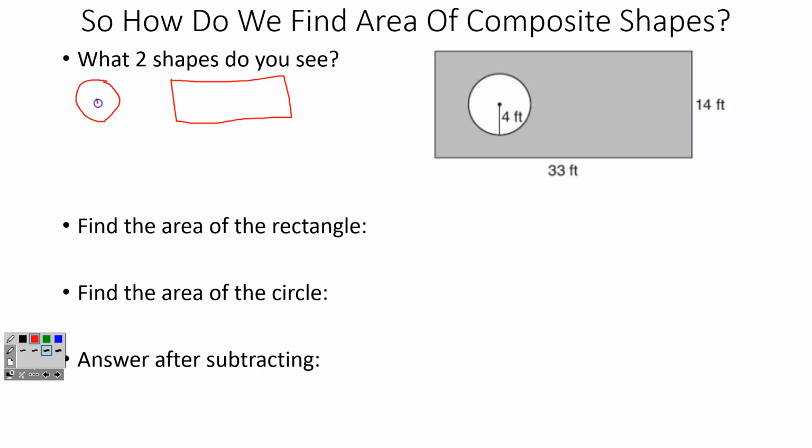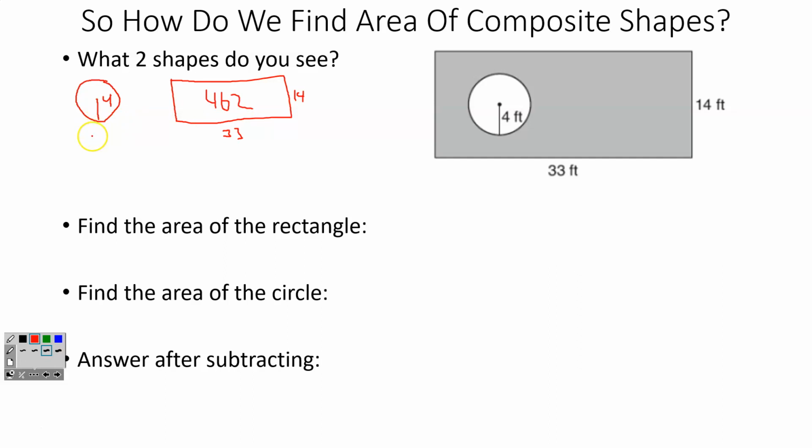The radius of the circle is 4 feet, and the dimensions of the rectangle are 33 by 14. Well, find the area of the rectangle. You do that just by doing length times width. That would be 33 times 14, which gives me an area of 462.